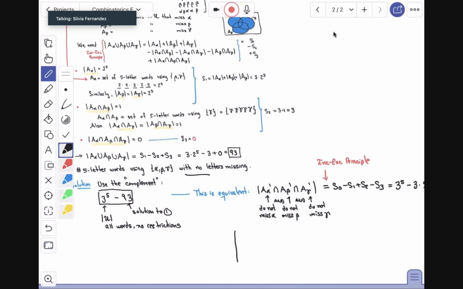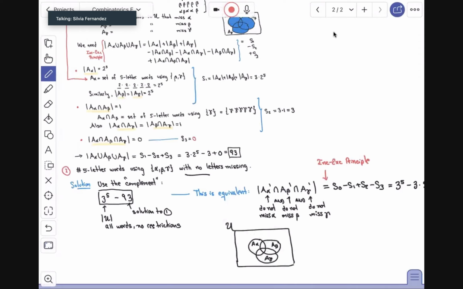Let me maybe draw another Venn diagram here, equivalent to the one before. So I have A alpha, A beta, and A gamma. So U is all the words that use alpha, beta, and gamma of length 5.